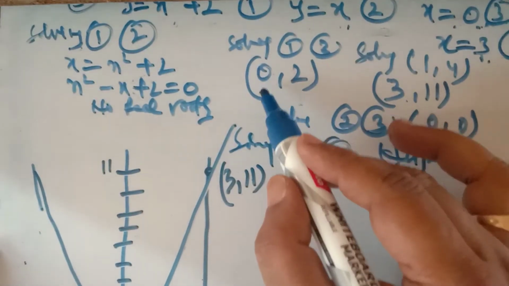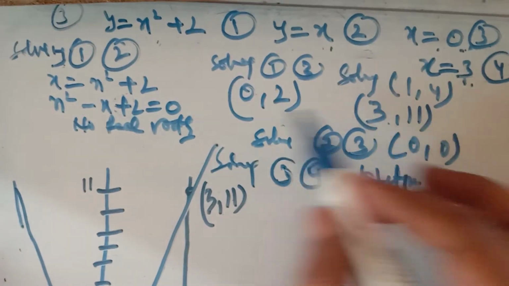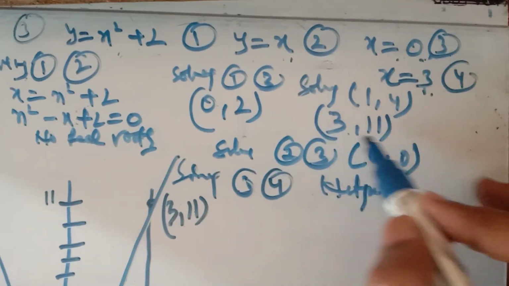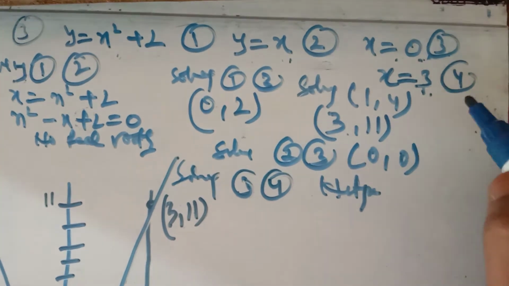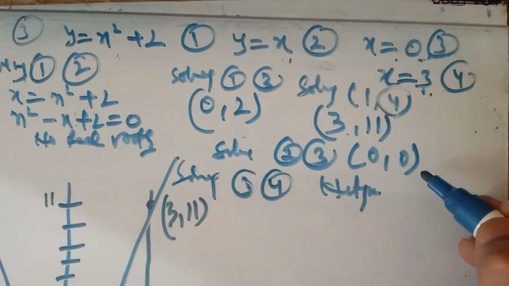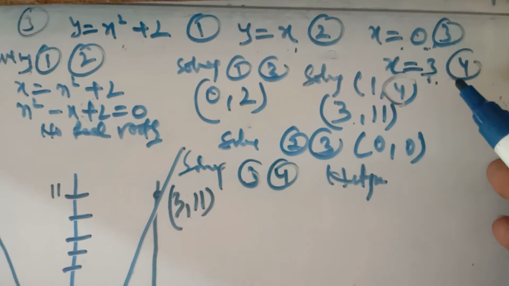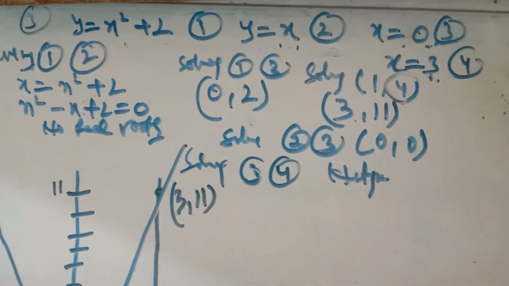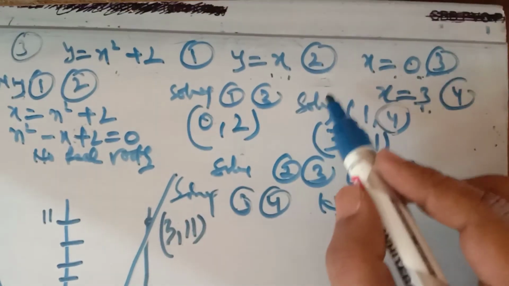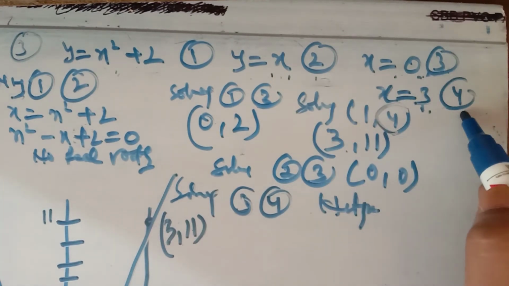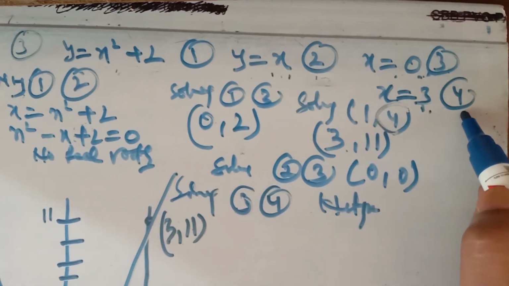Now we have (0, 2) and the point of intersection (3, 11). Solving first and fourth we are getting this. The line y = x is passing through (0, 0), and if you solve 2 and 4, their point of intersection will be (3, 3).